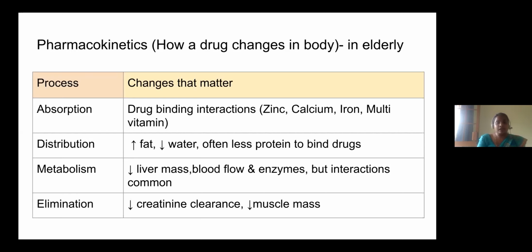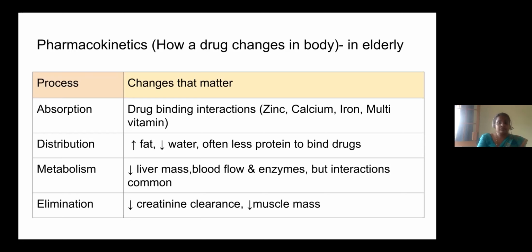Also with malnutrition, we have less protein to bind drugs. Metabolism: there is around a 40% reduction of liver blood flow and liver mass, and reduced enzymes, so they have slower metabolism, especially of drugs like benzodiazepines and warfarin.